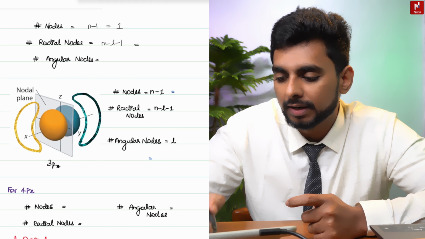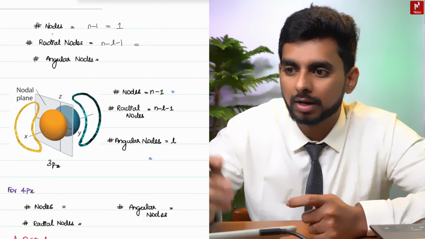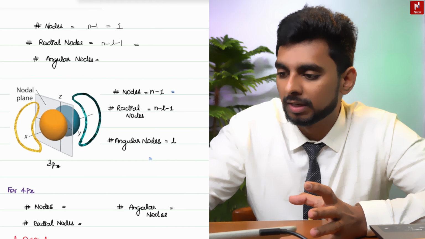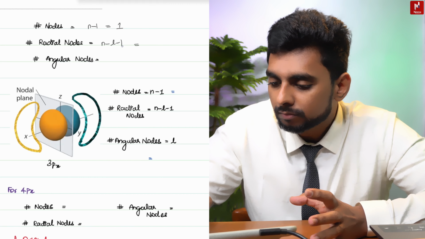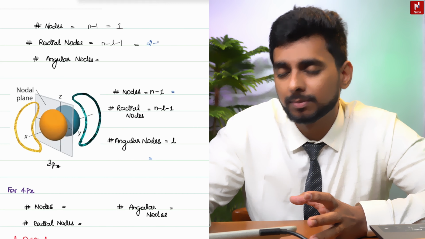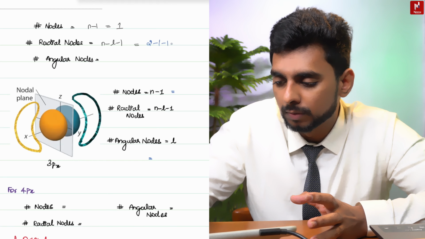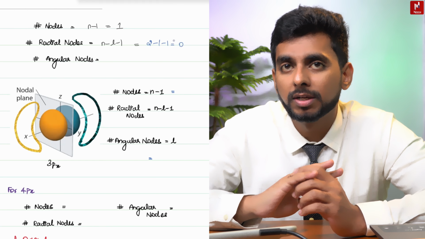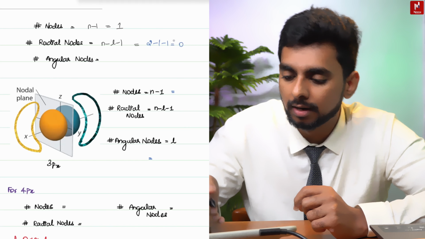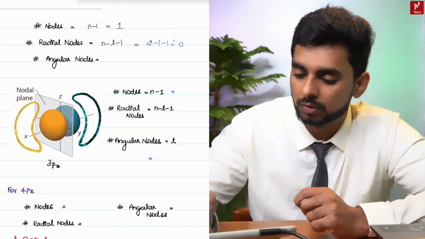Here n minus l minus 1 will give me the radial node. Obviously, with the 2p orbital, a radial node is not possible. If I substitute, 2 minus the azimuthal quantum number, which is 1, minus 1, that will give you 0. So the possibility of finding a radial node in the 2p orbital is 0. Then you have angular nodes.